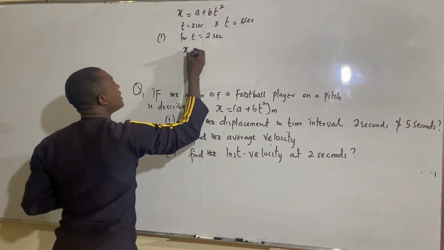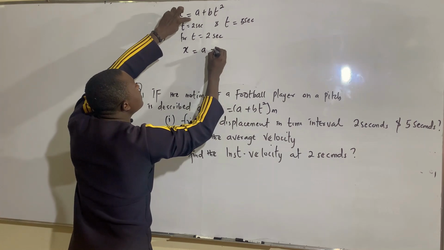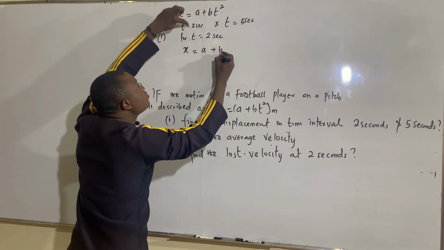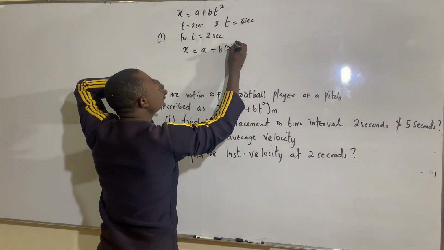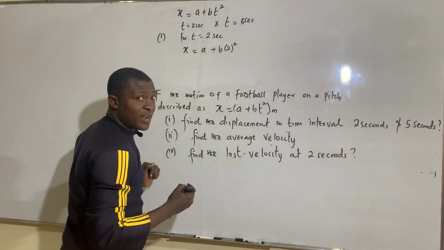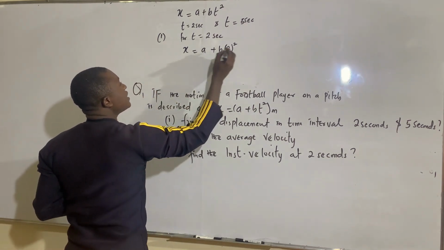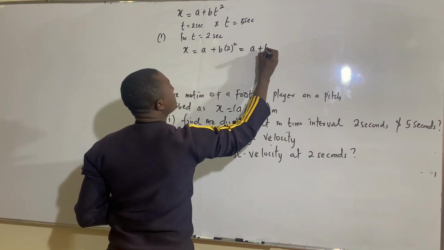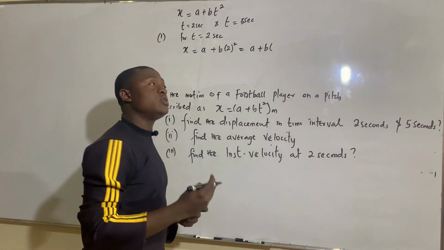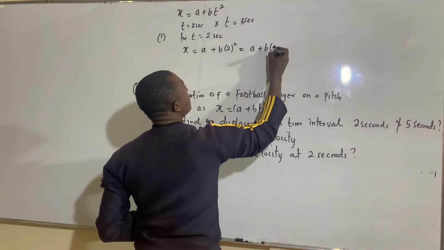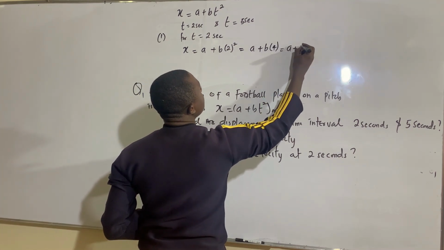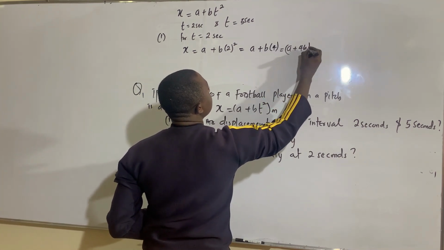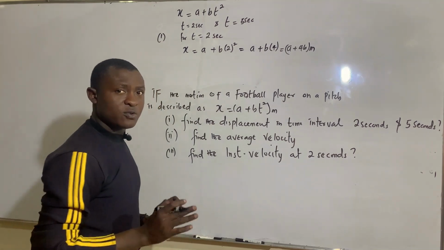So we have x equals a plus b times 2 squared. I hope you are following, right? Nice. 2 squared simply means 2 times 2, which is 4. So here we have a plus 4b in meters.